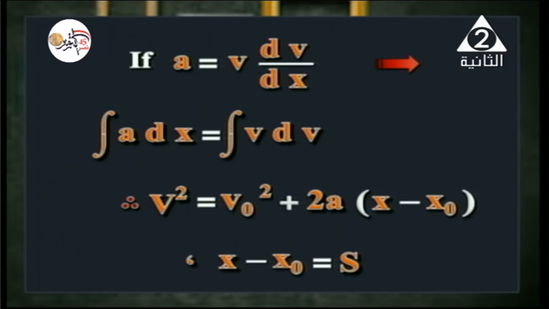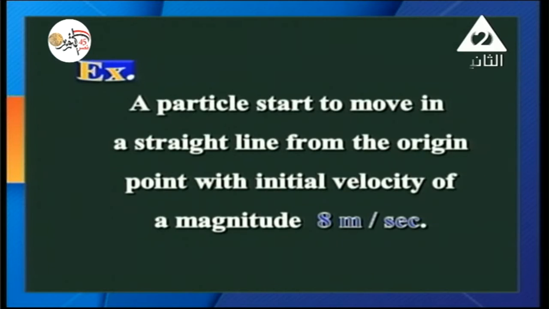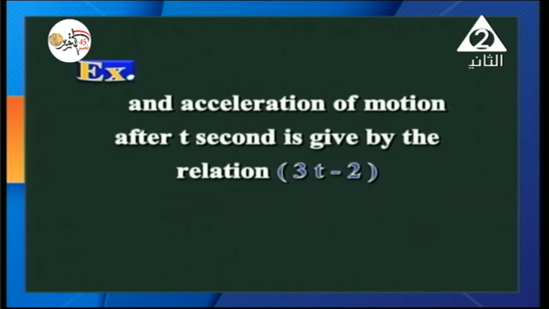My dear student, look at an important example. A particle starts to move in a straight line from the origin point with an initial velocity of magnitude 8 meters per second, and the acceleration of motion after t seconds is given by the relation 3t minus 2.